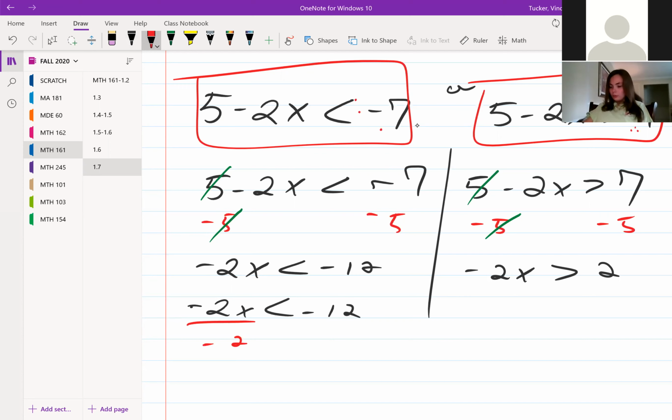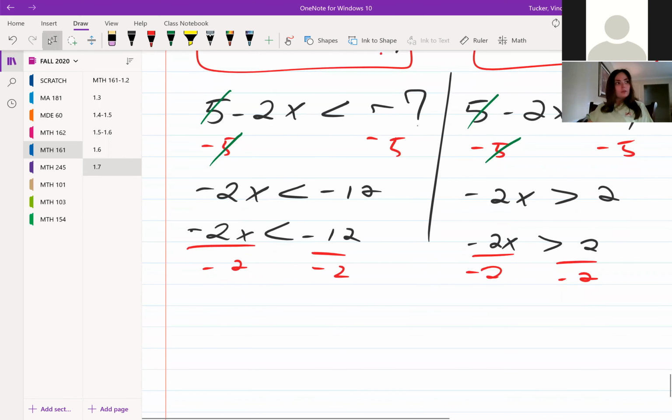Divide by negative 2. So those negative 2's cancel. And don't forget your inequality. Whenever you divide by a negative, it needs to change.